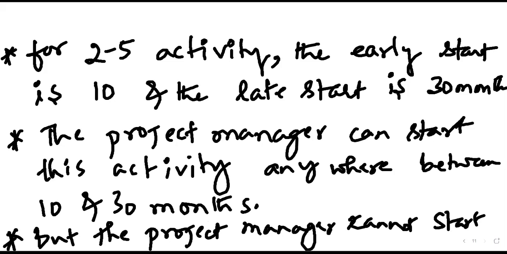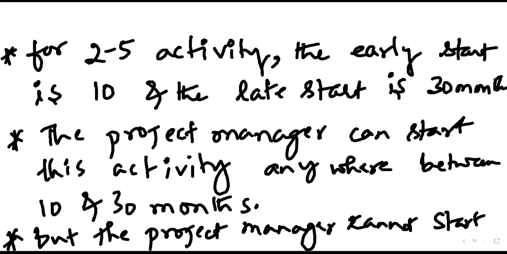Okay, it's not at all possible for the project manager, at least not before 10, because the previous activity is still running. And why not after the 30th month? Because that would delay the project completion duration. Okay, that is basically the interpretation.